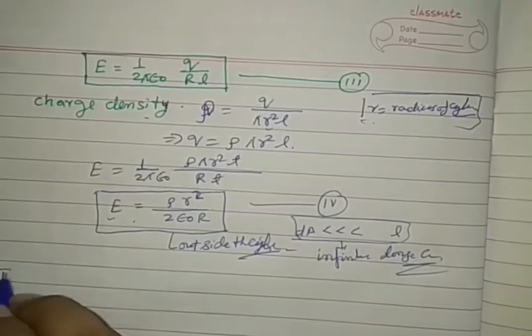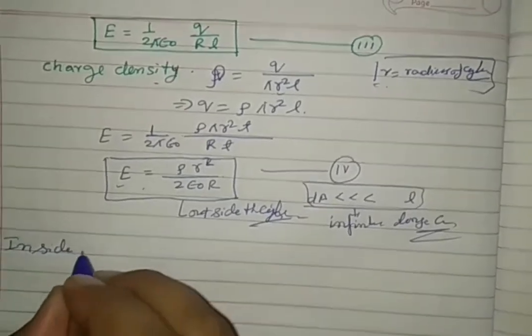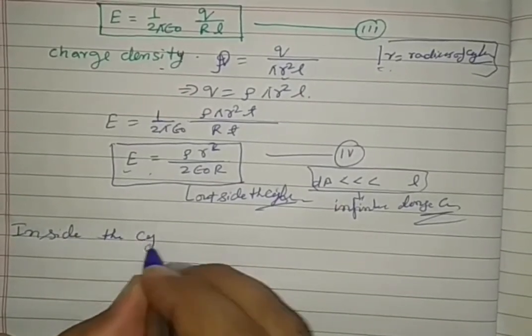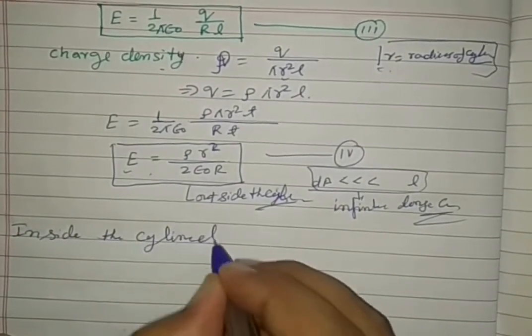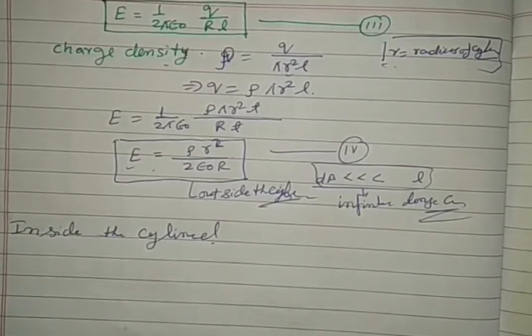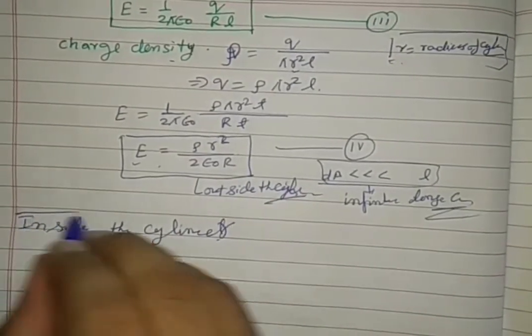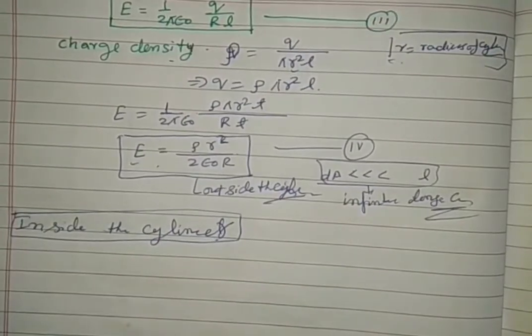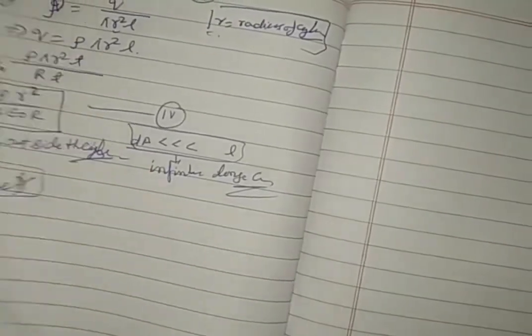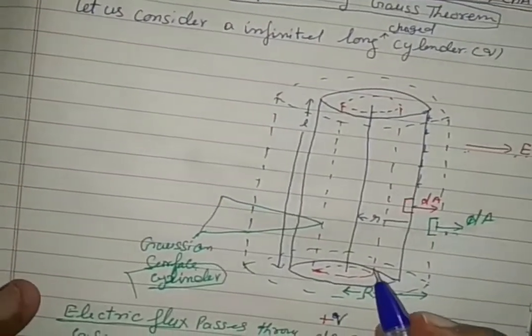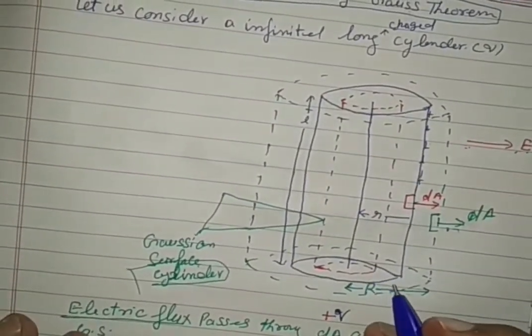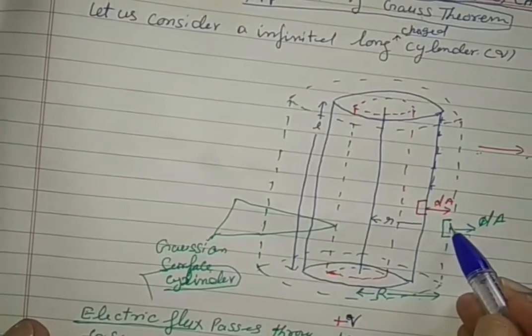If you are going to calculate for inside the cylinder, the concept must be clear to everybody. So for that, let us see the diagram once more. Please focus on the diagram here once more. This is outside the cylinder.